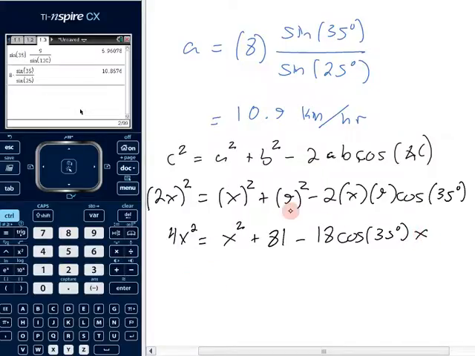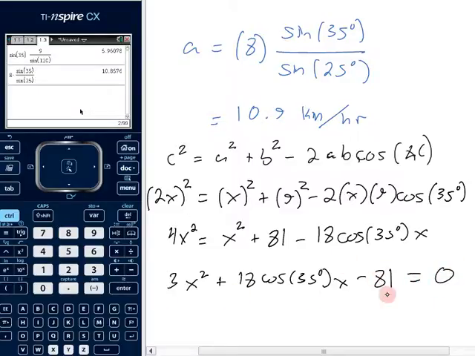We'll put things together in like terms. We'll subtract x squared and get 3x squared. Add 18 cosine of 35 x to the other side, and then we'll subtract 81 to the other side. And that leaves us with a quadratic expression equal to 0.